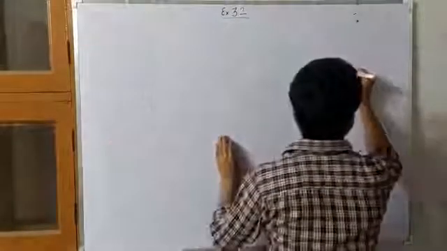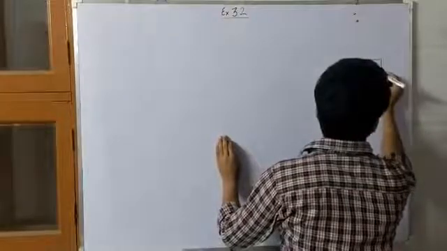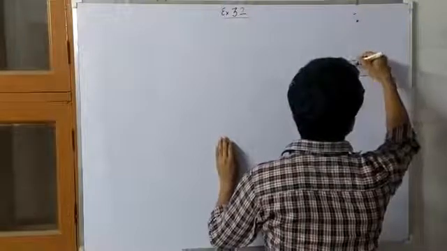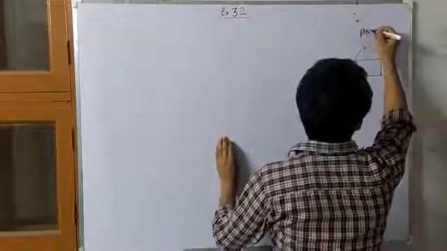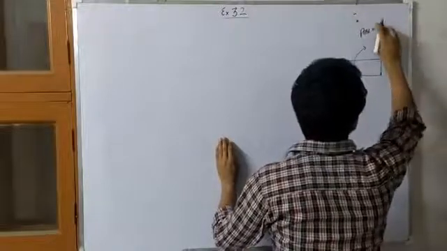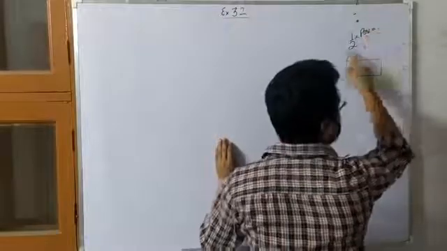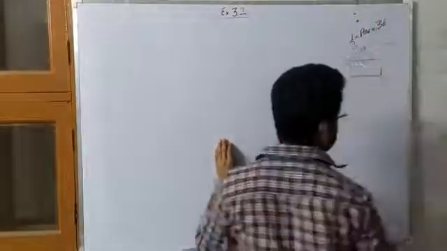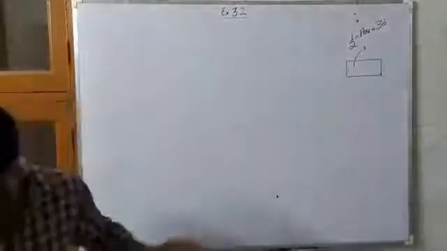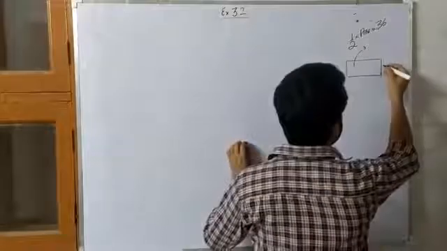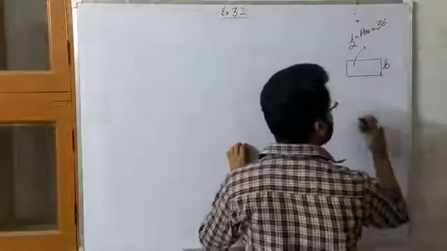Now it is being said that there is a rectangle, and when you take half of the perimeter of this rectangle, you get the answer 36. And one thing more is being said, the length is 4 meters more than the breadth. Whatever is the breadth, right?